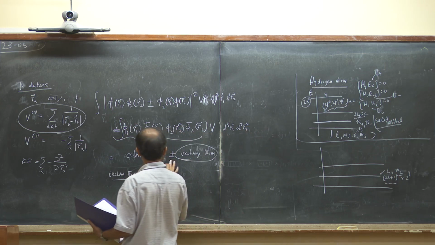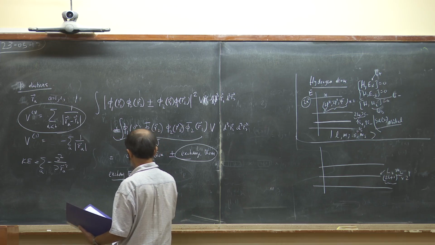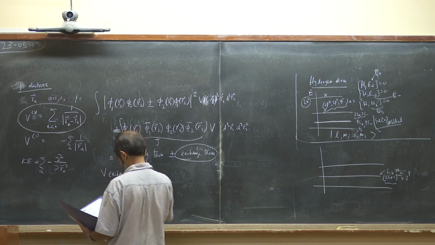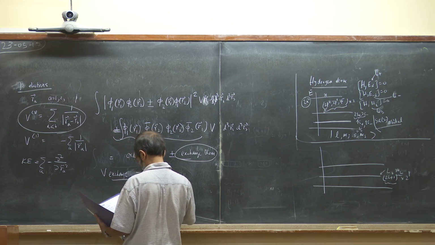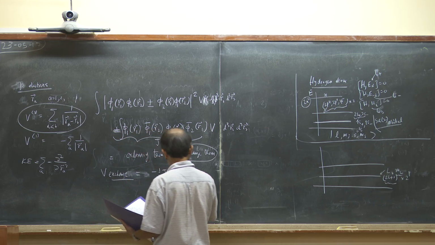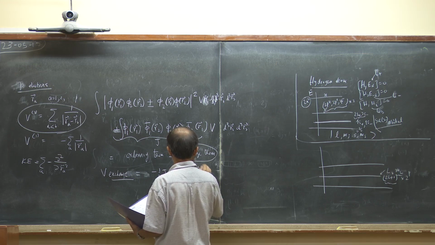You can show that this potential due to the exchange is given by minus half J times 1 plus 4 S1 operator S2 operator.